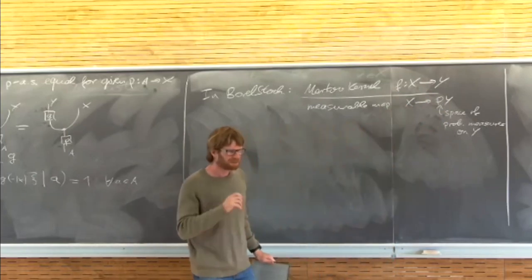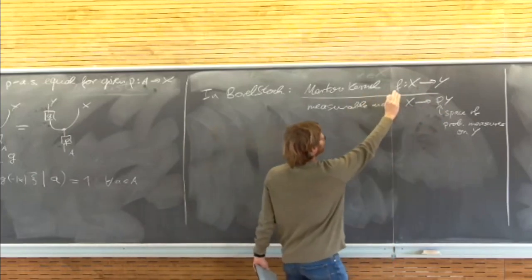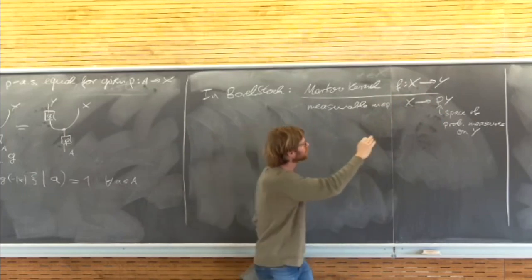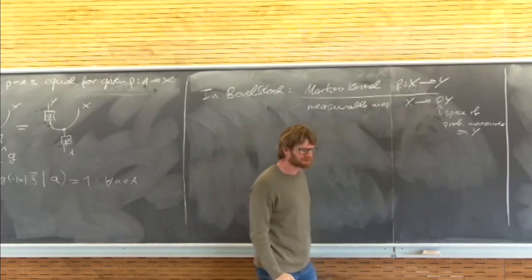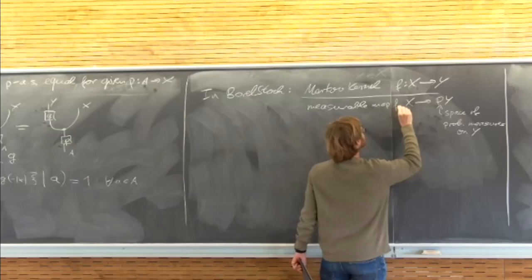Okay, and so when we have a Markov kernel like this, we can look at its counterpart as a measurable map, and to distinguish them notationally, we denote this by f sharp.